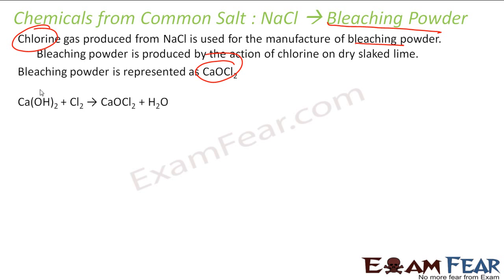How we get this is, we have this slaked lime. You pass the chlorine gas, which you have got from the last reaction where you electrolyzed NaCl, and this chlorine gas in turn is used to get the bleaching powder. So it's slaked lime, you pass the chlorine gas, you get CaOCl2, that is nothing but my bleaching powder. Correct?